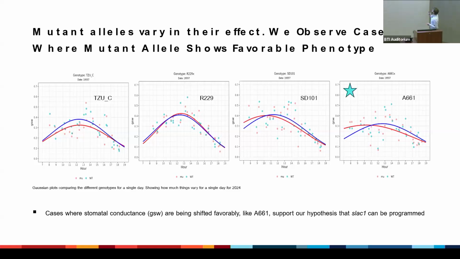That would be A661 and SD101, where we see the red line having greater stomatal conductance earlier in the day, during times of less temperature, less evaporative effects, less solar radiation. So this is already promising and shows support for a hypothesis that SLAC1 can be programmed.